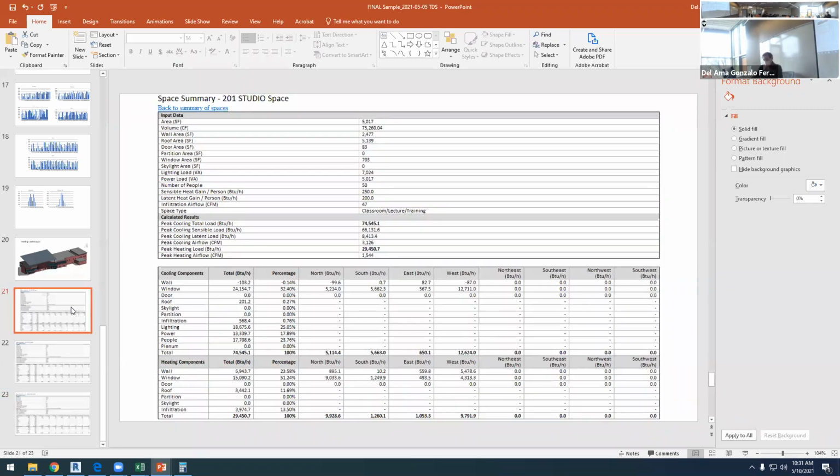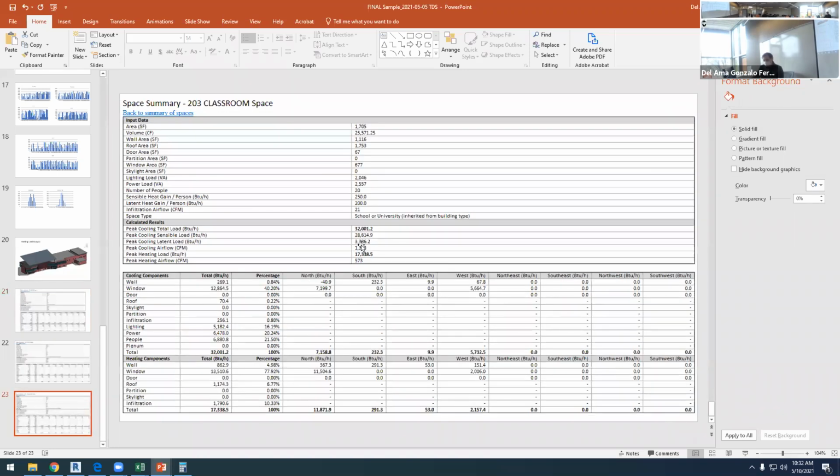Well, it depends on the amount of glass, but usually the bigger the space, the higher the peak loads. Here in the studio it is 74 and 29. In the classroom it is 32 and 17. So just looking at these figures, I can rely on that information.